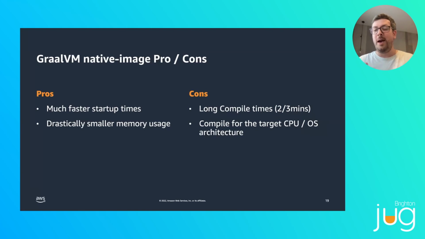And we have to go back into the old days of compiling something for a particular operating system and CPU architecture. Java is fantastic, it's super portable, but in this case, to take the benefits, we have to also compile to a specific architecture.